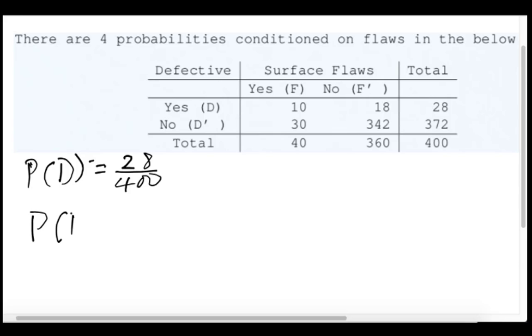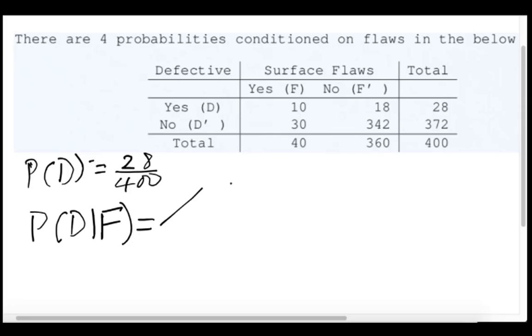If you find some flaws on the surface, then you may think it might be defective, right? So this is what you want to find, you want to check. And how can you get that? There are two ways to get the answer. This is the first way.